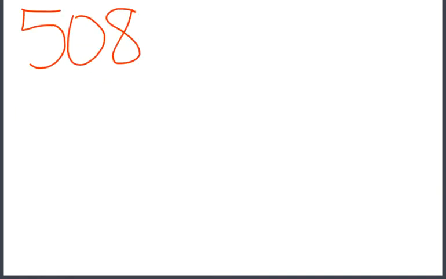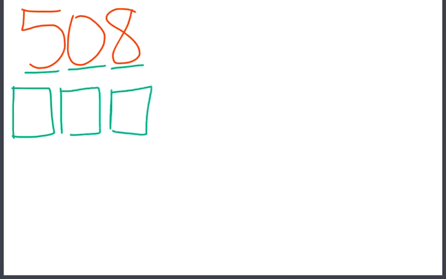Here I have the number 508. Let's show it with base 10 blocks and an expanded form. We have 508. Here's the ones place, the tens place, the hundreds place. We have 5 in the hundreds place. We need to draw 5 hundreds. 2, 3, 4, 5.